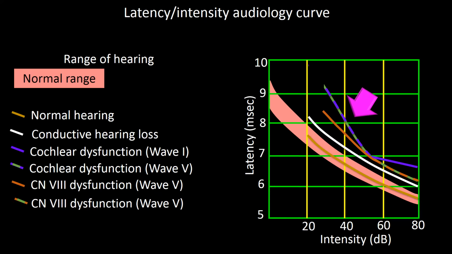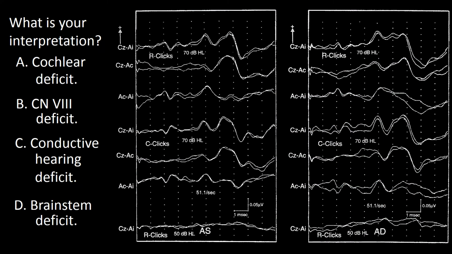Patients with cochlear deficit may require high stimulus level to generate wave 5, and at a high intensity level, wave 5 latency improves, whereas the latency to wave 1 may also improve, but much less. So the answer to this question is A.